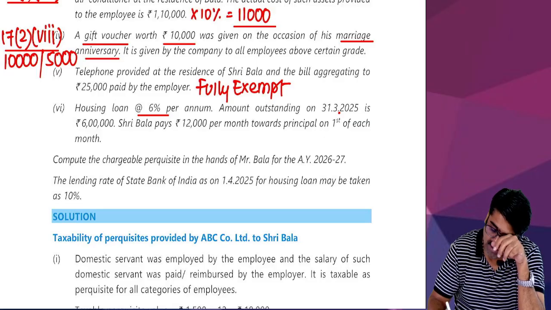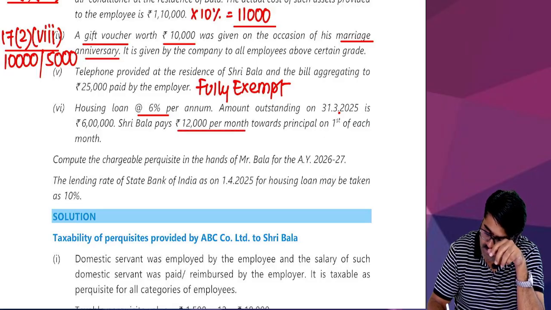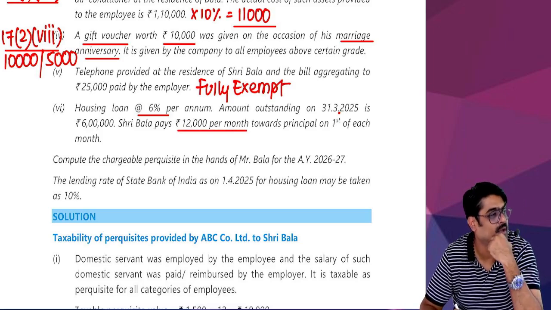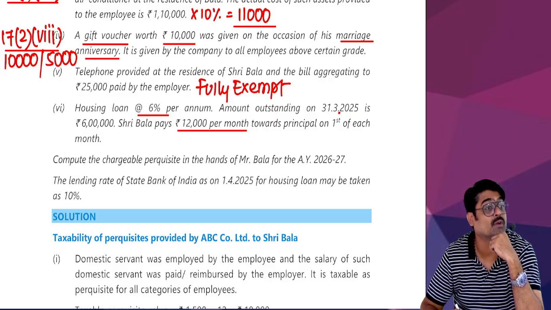Shri Bala pays 12,000. So on 1st April he would have paid 12,000 out of 6 lakh. How much remaining? 5,88,000 will be outstanding as on the last day of April.